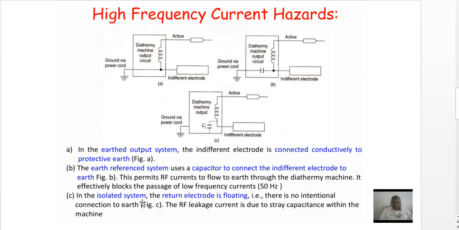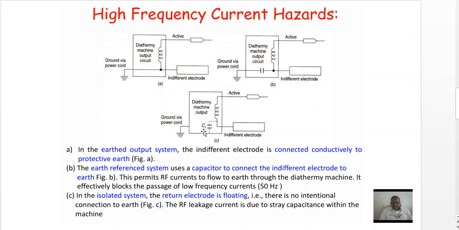In the isolated system, the third one, the return electrode is floating. That is, there is no intentional connection to the earth. The RF leakage current is due to stray capacitance within the machine. There is a capacitance here, C1.